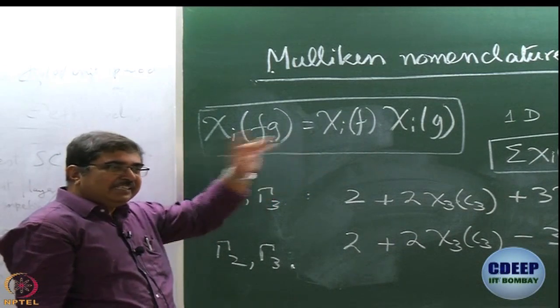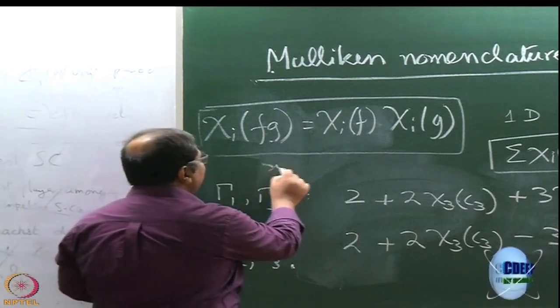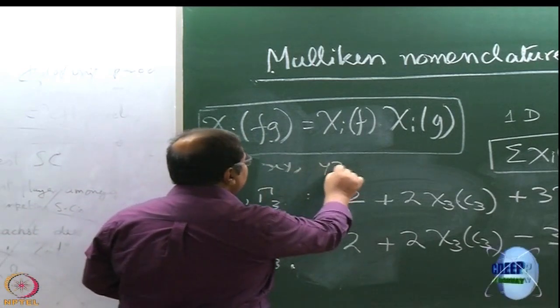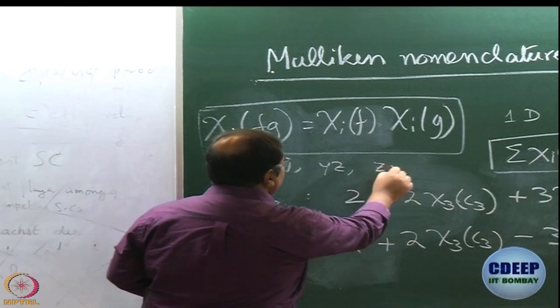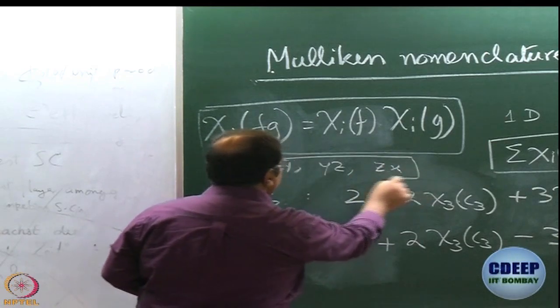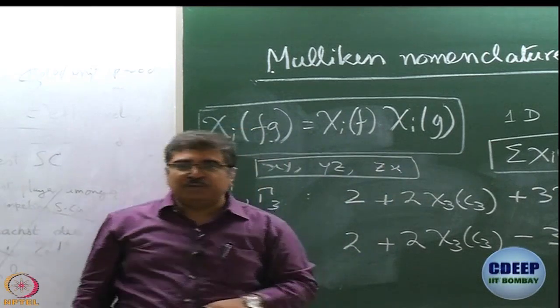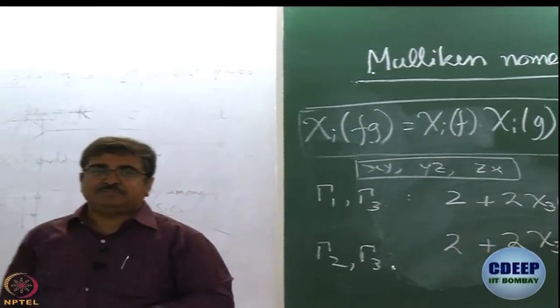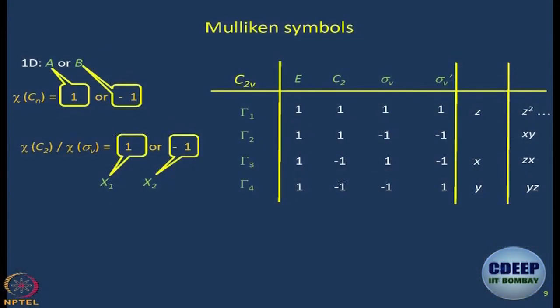If that is the case, tell me where xy belongs, where yz belongs, where zx belongs. Where will xy go? Yes, gamma 2, why?